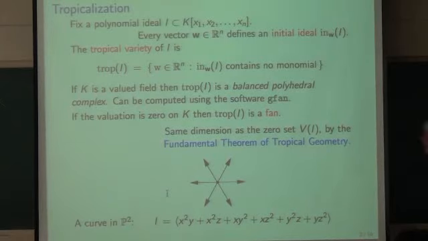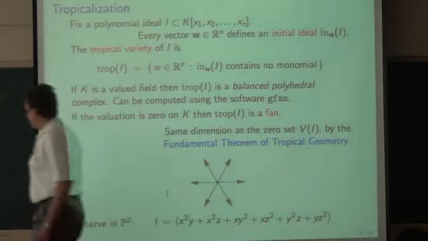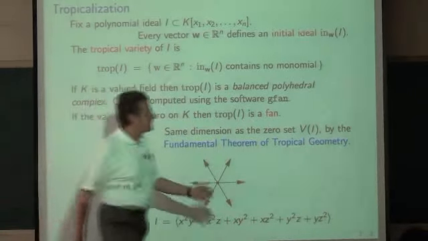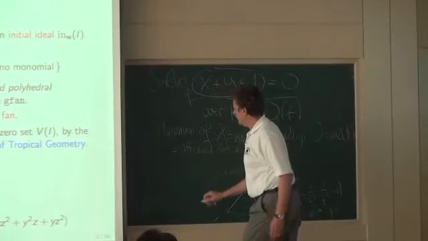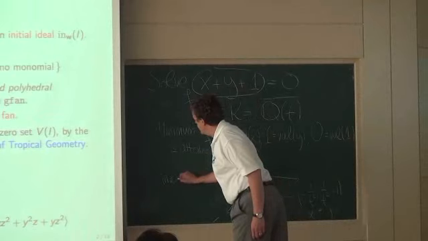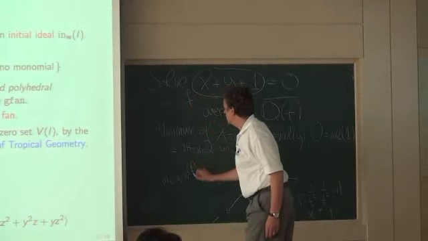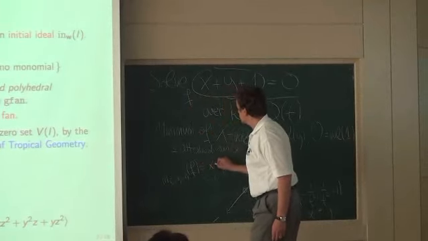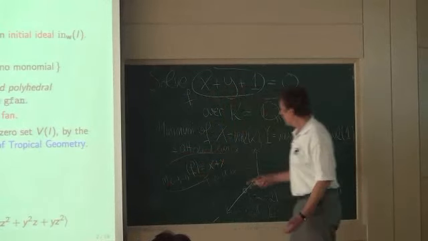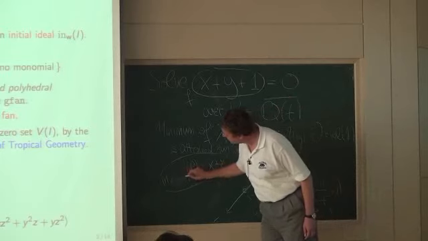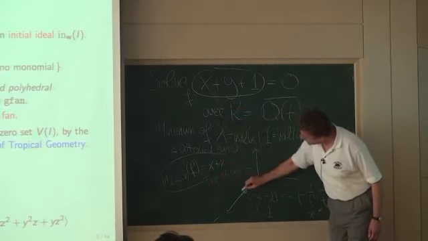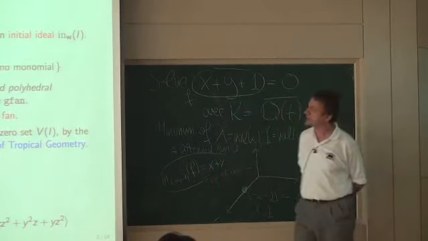So for example here, if I have just my one polynomial f, then the initial form with respect to -2, -2 is x plus y. So this is a legal point, it lies here.